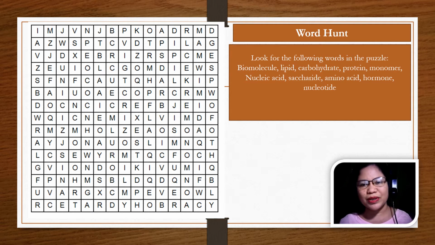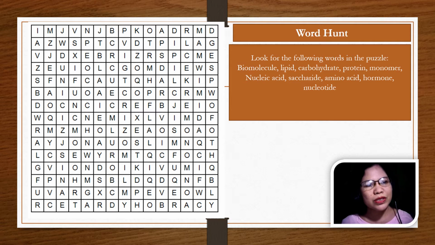Now for this activity, here are the words that you are going to hunt. This activity is a word hunt game. So let's find these 10 words that we'll be using in our discussion: biomolecule, lipid, carbohydrate, protein, monomer, nucleic acid, saccharide, amino acid, hormone, and nucleotide.